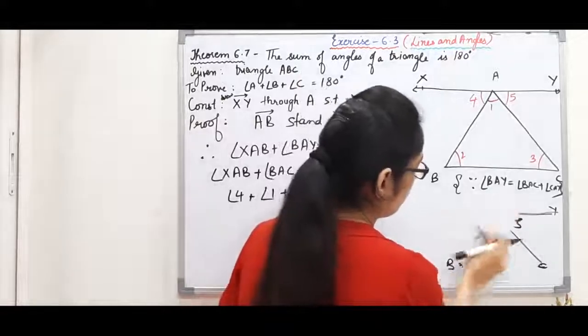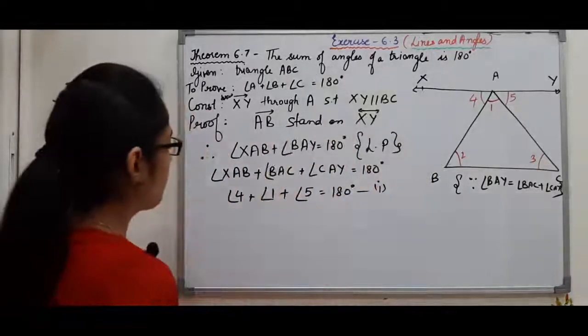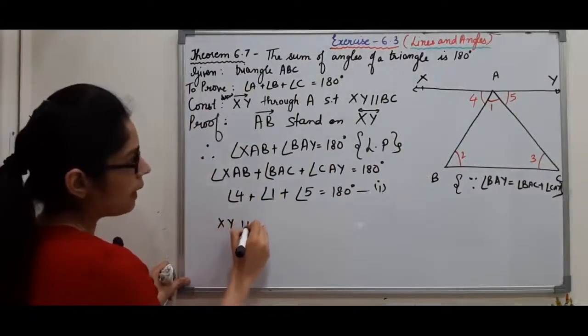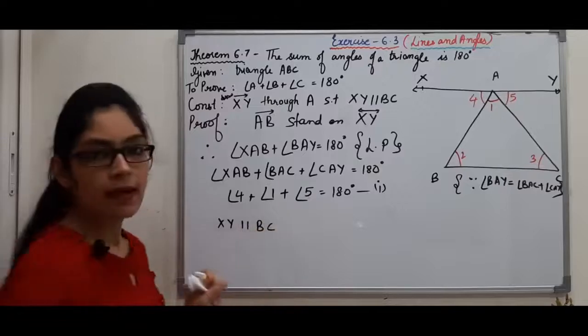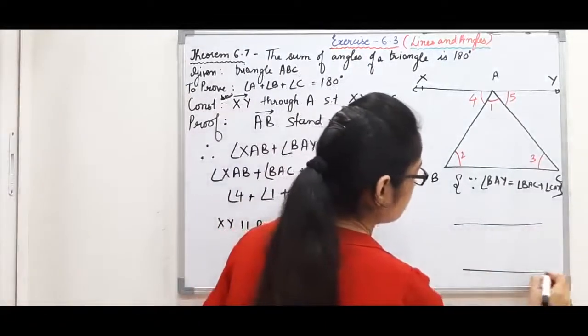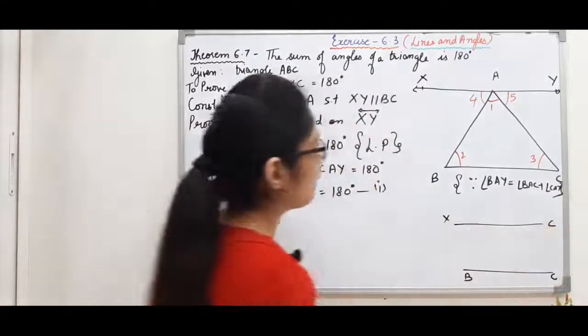Now we know that XY is parallel to BC. This is XY, this is BC. So only lines I am drawing.